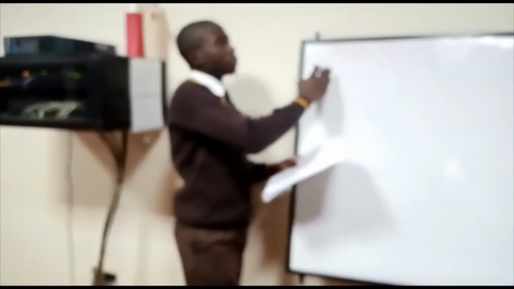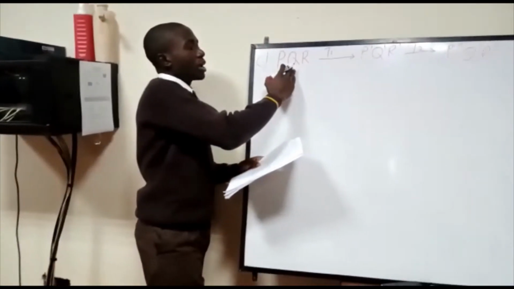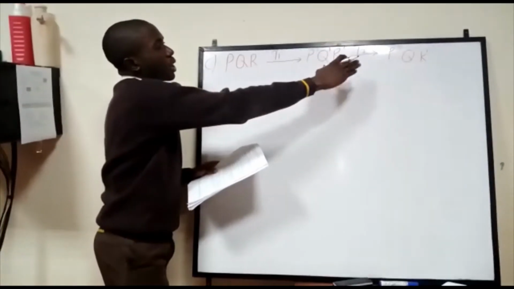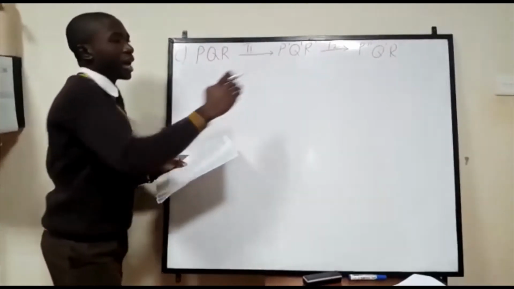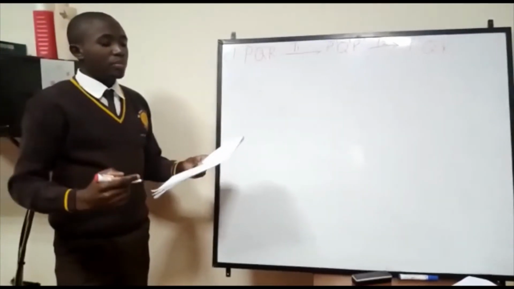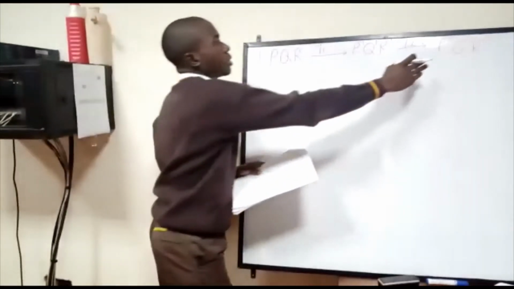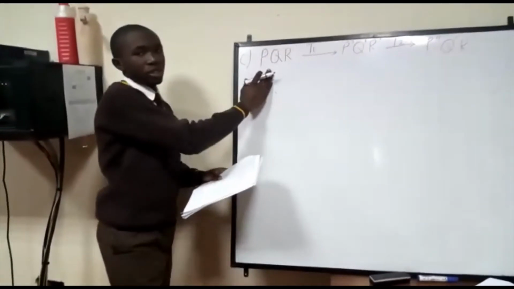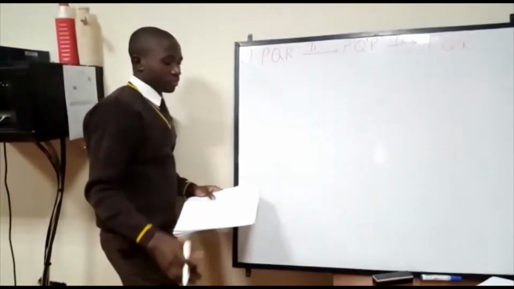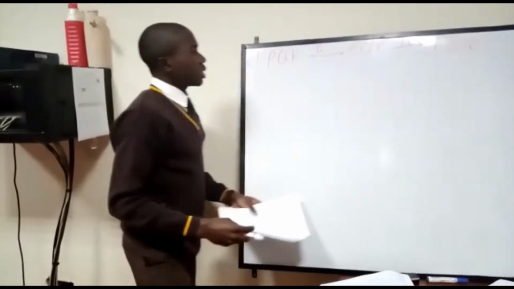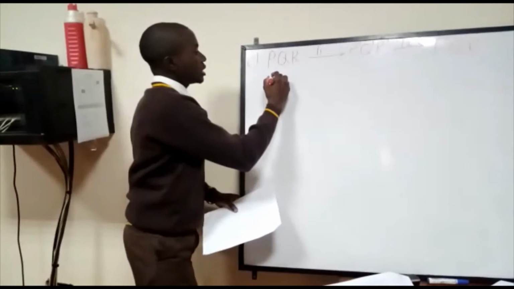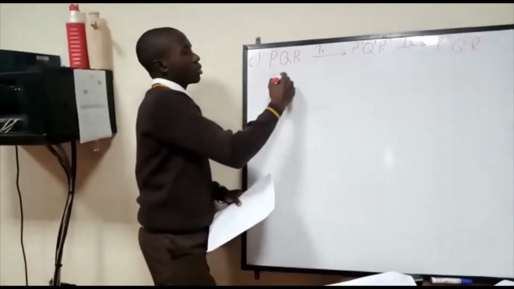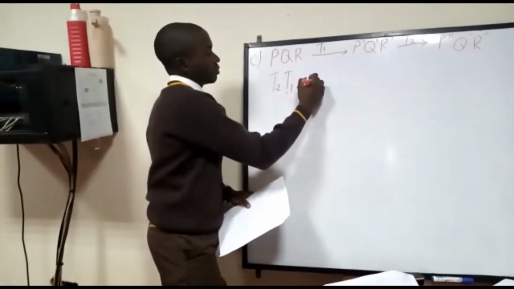So if we get the matrix that maps PQR to P double prime, Q double prime, R double prime, and we get its inverse, we shall be able to get the matrix that maps them back to the original triangle. So this is what we mean: T2 pre-multiplied with T1.